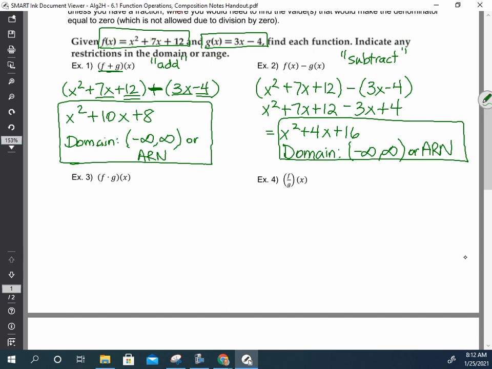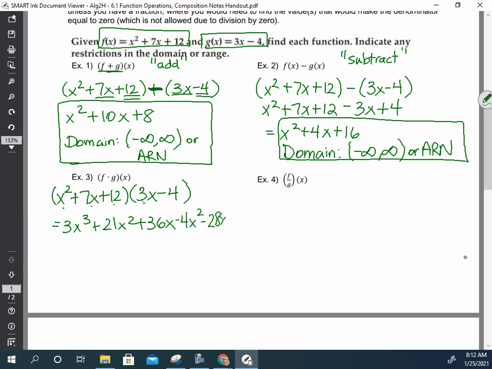F times g of x means you're taking the two functions and multiplying them. So if we multiply them, we've got 3x to the third plus 21x squared plus 36x minus 4x squared minus 28x minus 48.